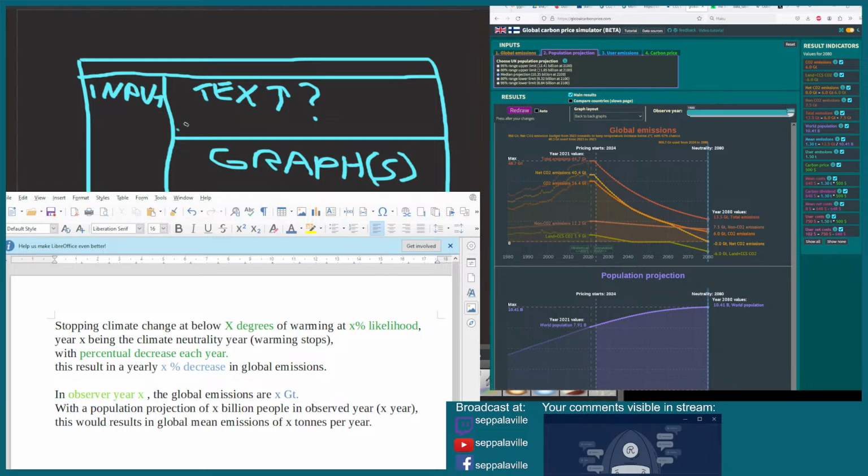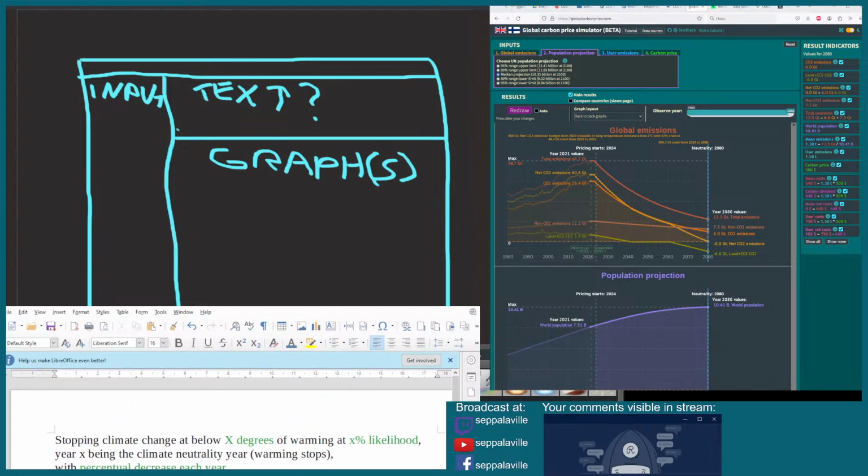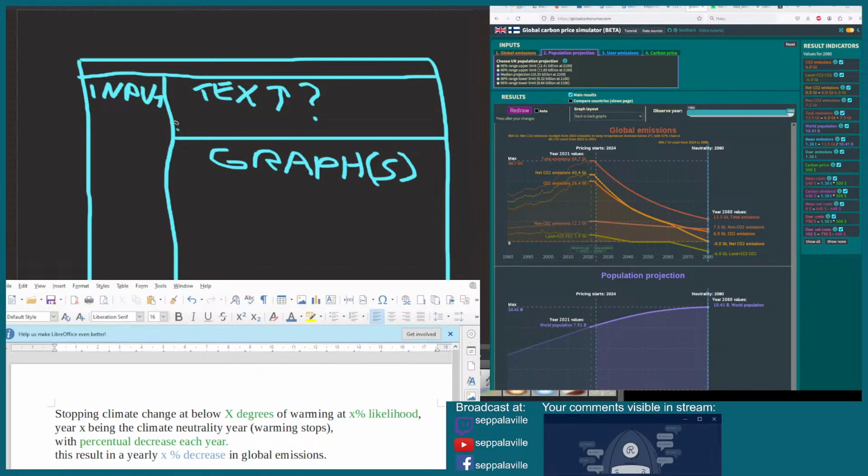But okay, there was one more thing that I was thinking about in how to organize this. If you have the inputs here, okay, we have the texting here. Let's think.